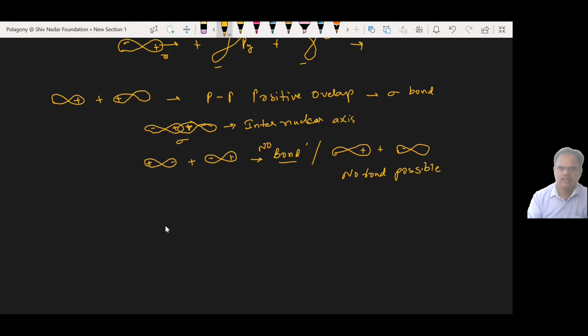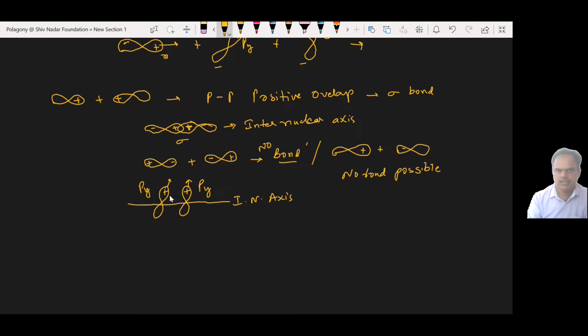Now consider p orbitals lying in the direction of the y-axis: this is py, this is py. These orbitals lie perpendicular to the internuclear axis, with their positive ends like this.